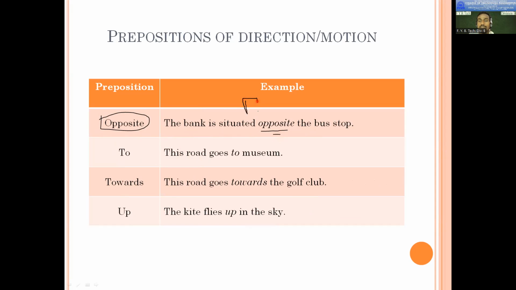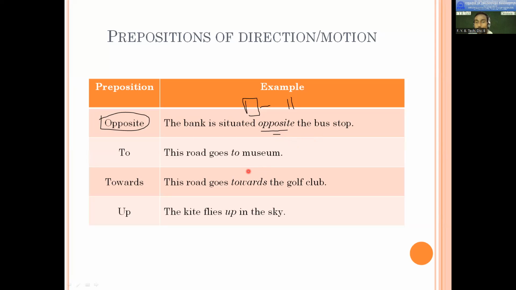If this is the bank, then opposite to this, there is the bus stop. Okay, like this. So you can say, my school is opposite the bus stand, or you can say our college is opposite of temple, or something like this, opposite of river, something like this.